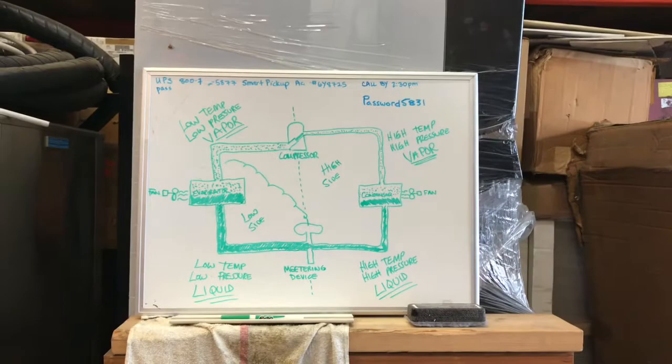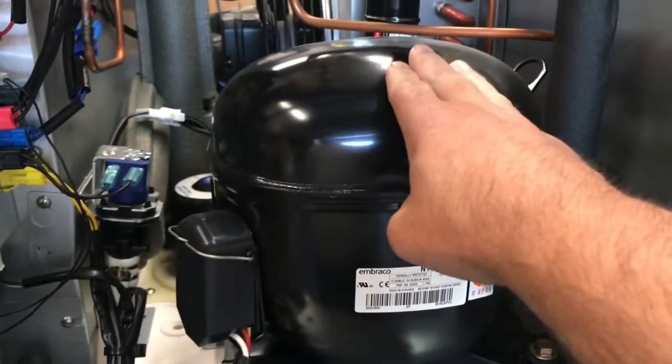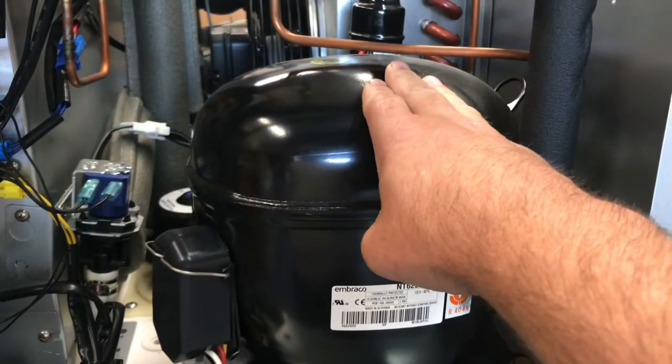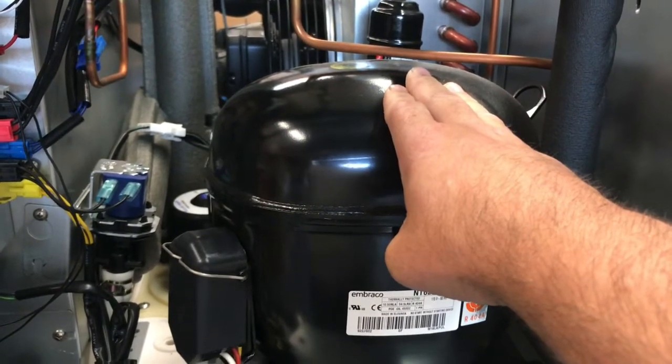So, getting back to this cycle right here, we're just going to start with the compressor. So, this is your compressor. Your compressor is compressing the vapor refrigerant into a high pressure, high temperature vapor.